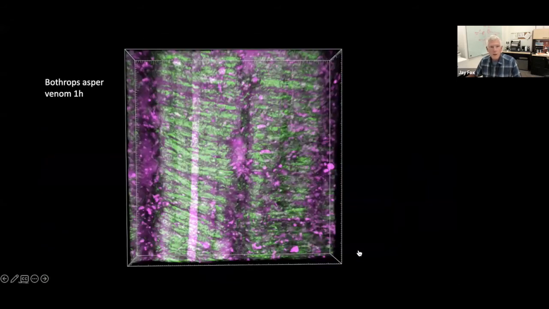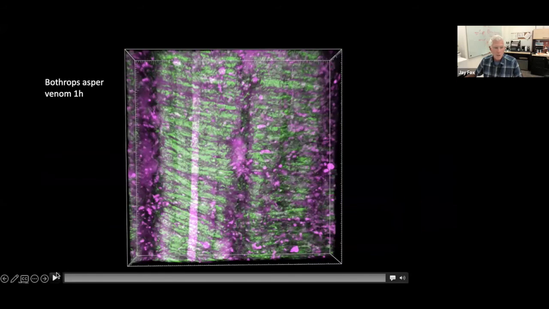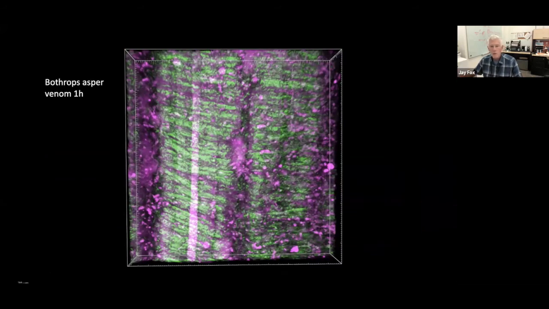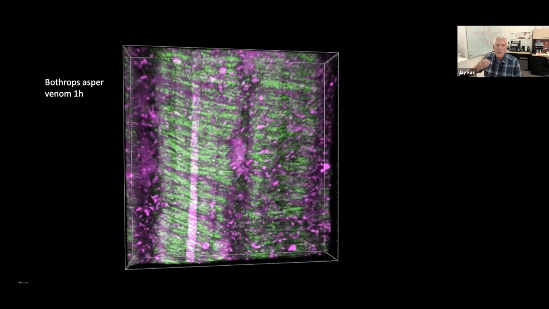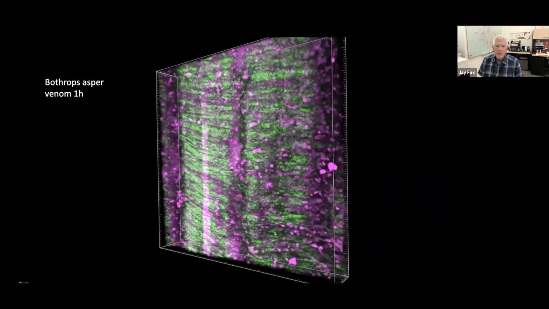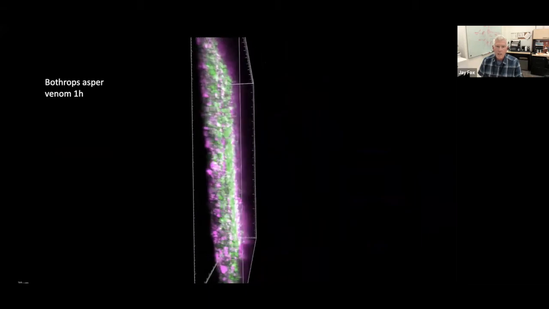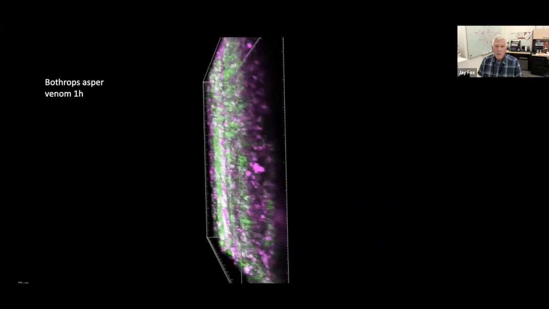Now we can do a variety of clever microscopy imaging with this. And this is just going through the Z stack. We're starting on the outside and do a side shot. And then we go back.